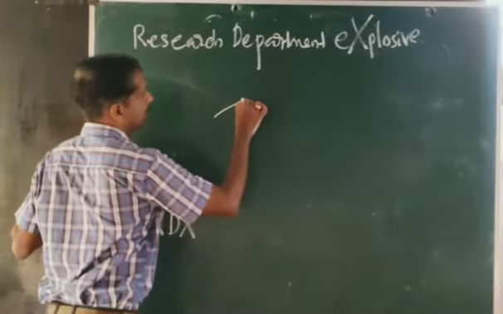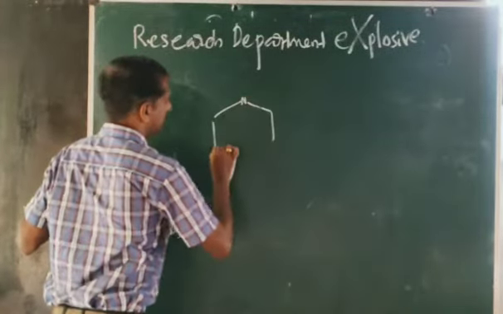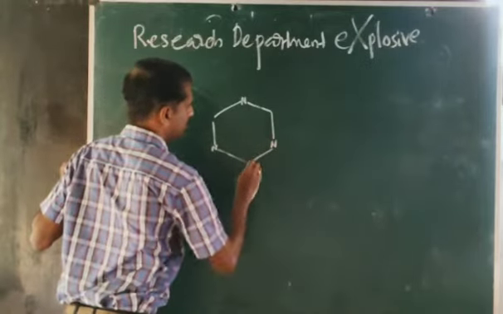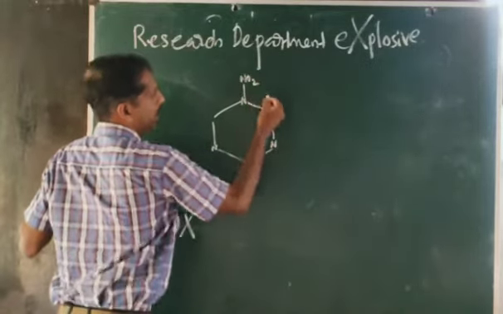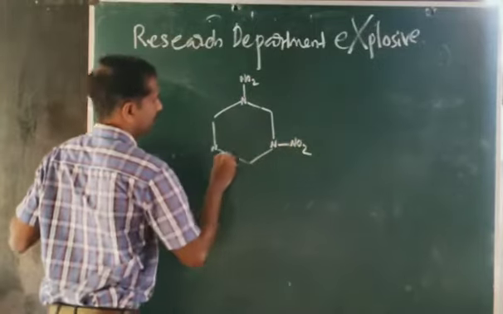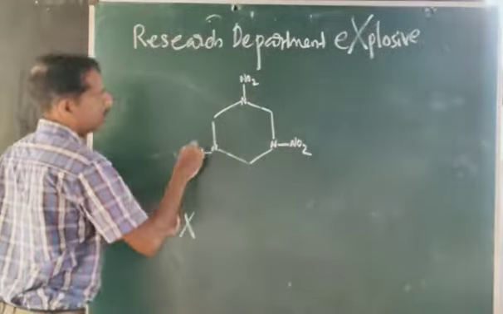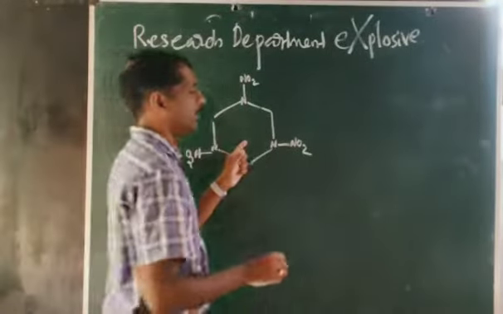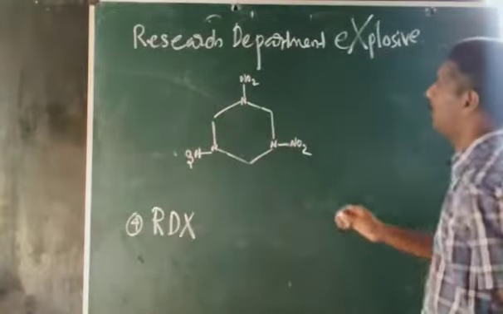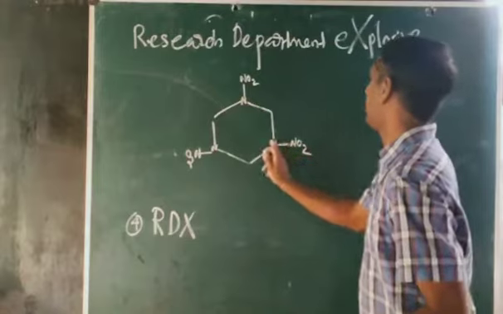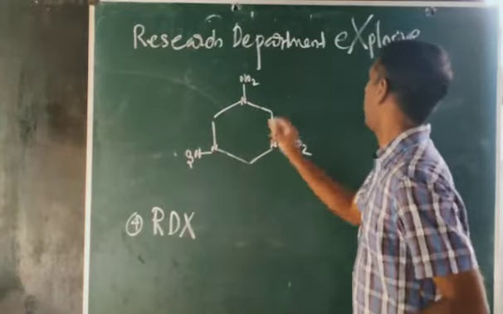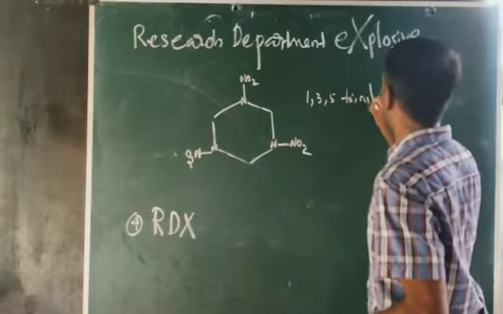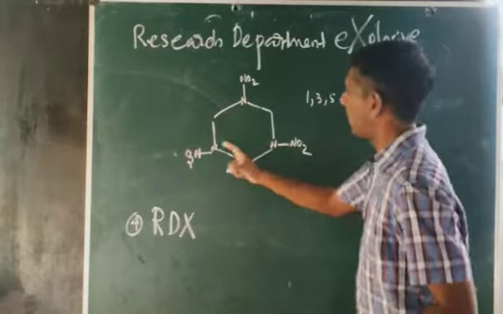Here it is N, and here also nitrogen. Here it is NO2, here is also NO2, and here is NO2. So this is what is called RDX. What is the actual IUPAC name of RDX? You can see that it is 1,3,5-trinitro. There are three nitro groups.